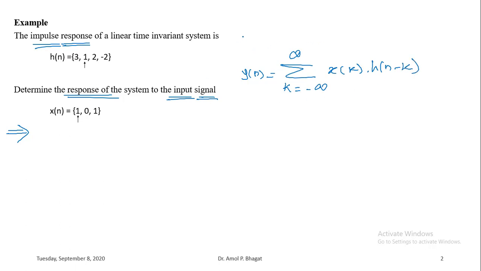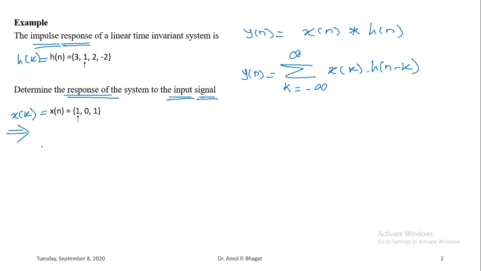This can also be represented as x of n convolved with h of n. Here we will be considering h of n as h of k and x of n as x of k. As in the previous example, we identified the total number of samples in y of n.